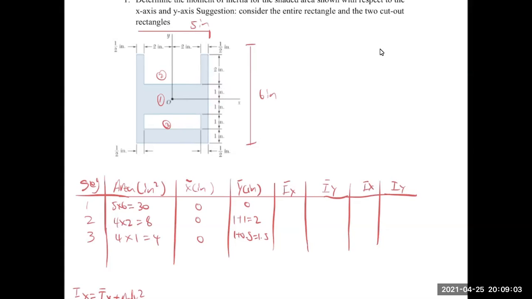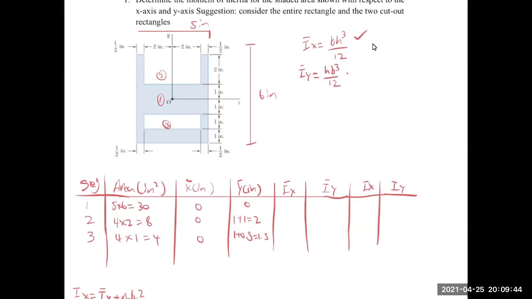Next is the I bar x and I bar y. Because these are rectangles, the equation for the moment of inertia is b multiplied by h cubed divided by 12 for I bar x. For I bar y, it'll be flipped, so it'll be h multiplied by b cubed over 12.